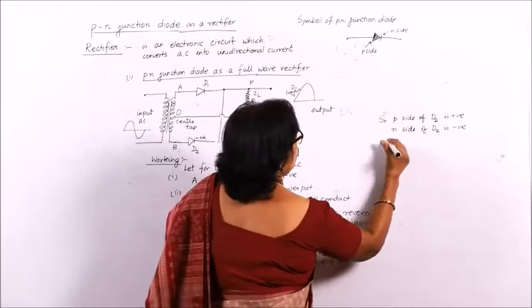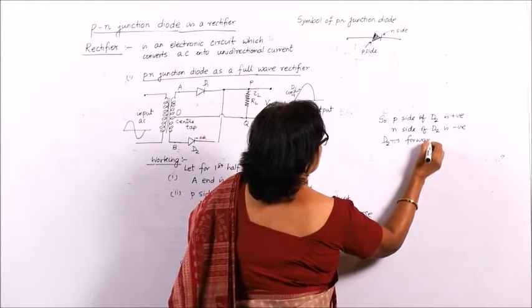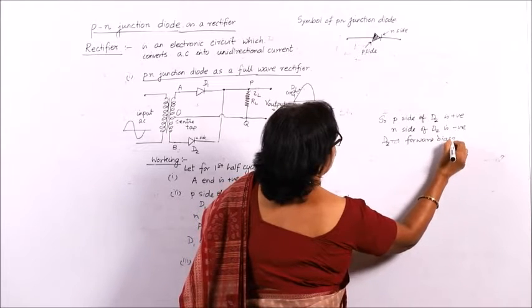So, my D2 is forward biased, and D2 will conduct.